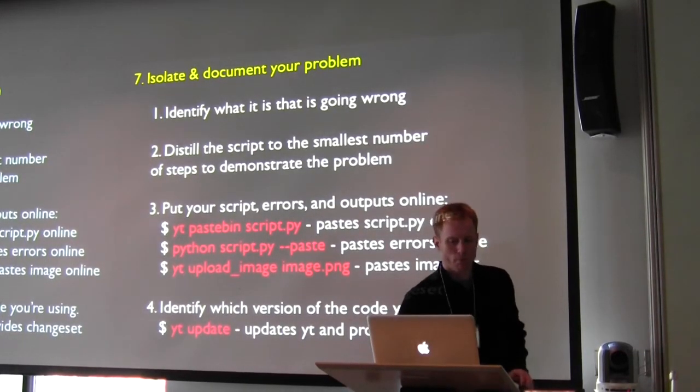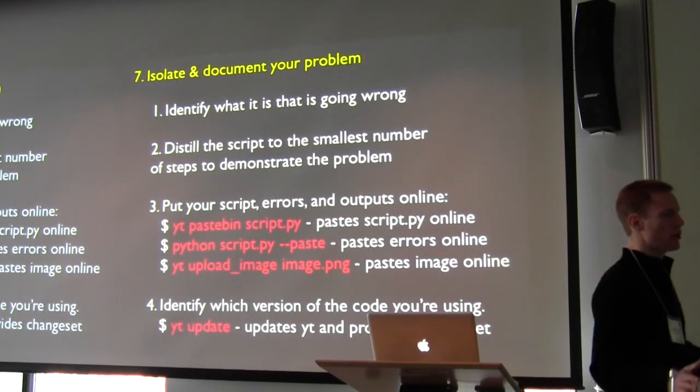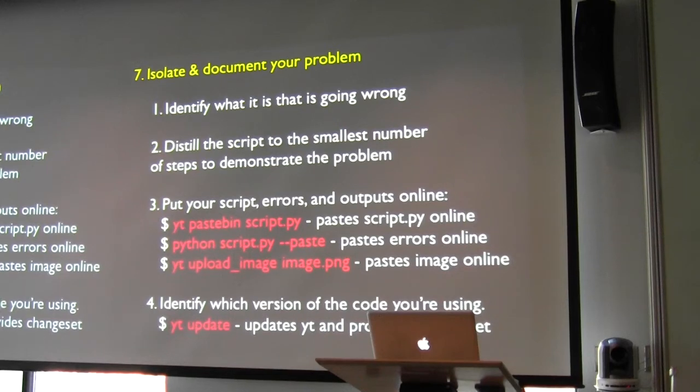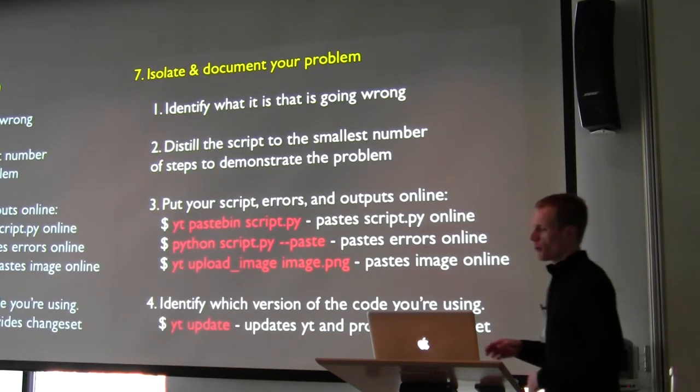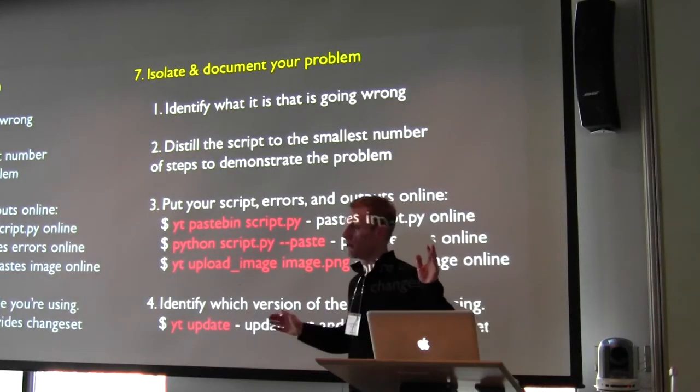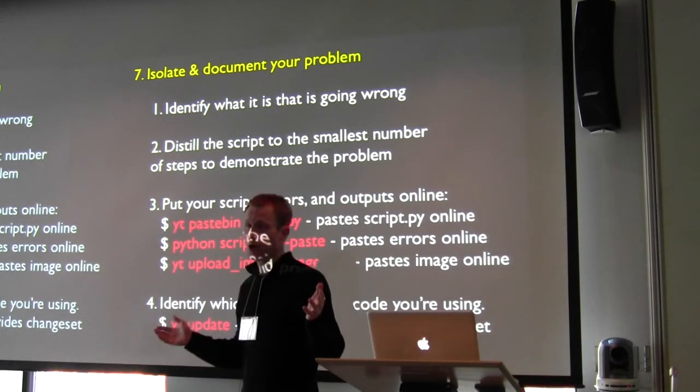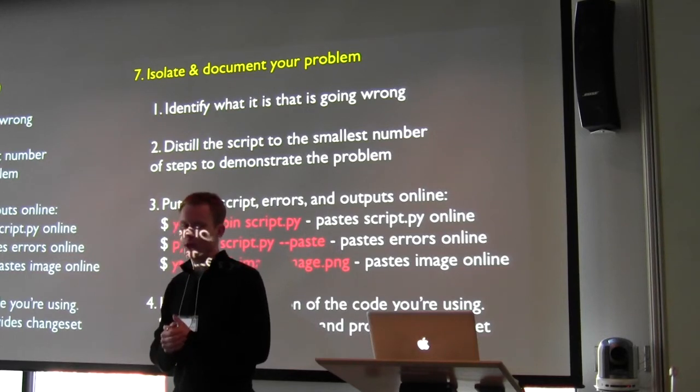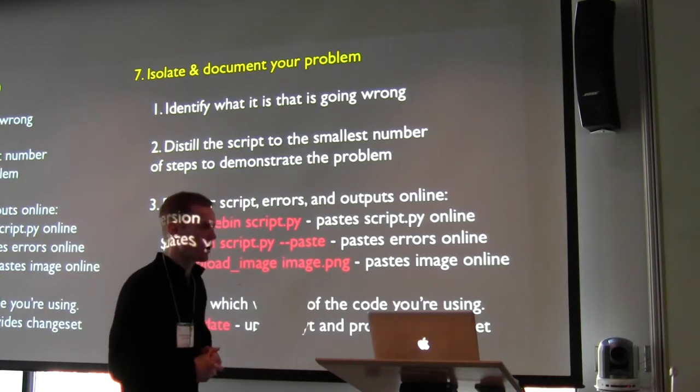All right, so let's say you look through the documentation and you're still coming up with the problem. You think that the YT code is just messed up. There's some bug in it, which may very well be true. We try and be careful, but there may be problems.